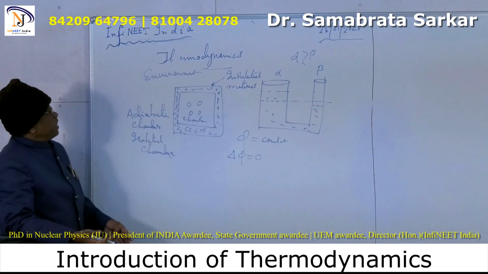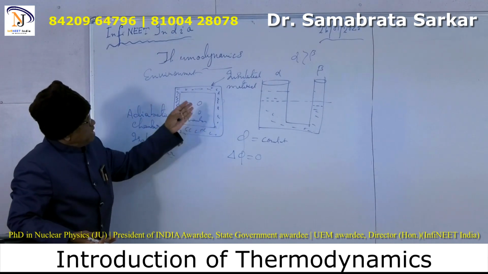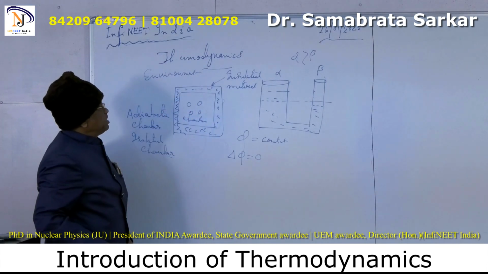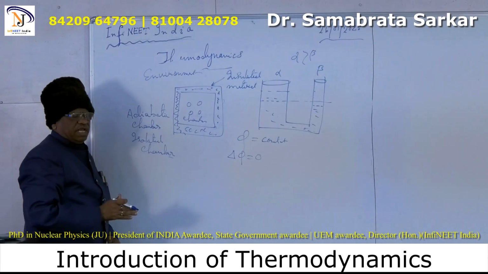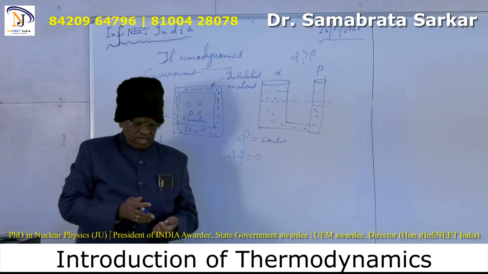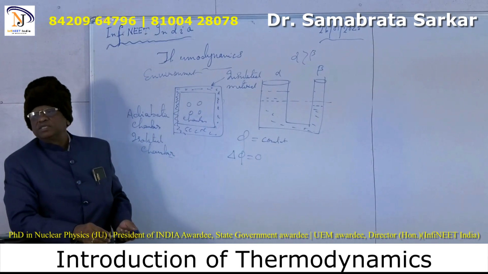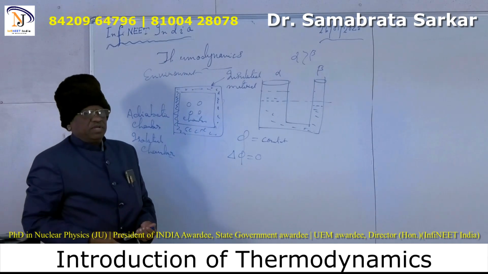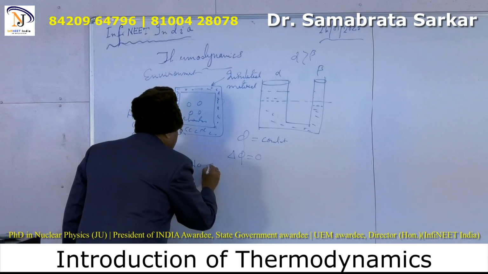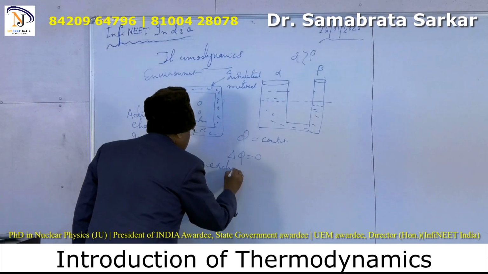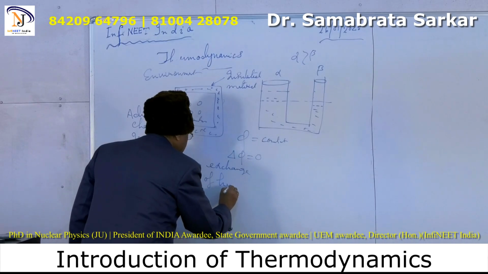So actually it is an isolated system, covered by insulated material, and this is called an adiabatic chamber. The adiabatic chamber is that chamber where there is no exchange of heat.